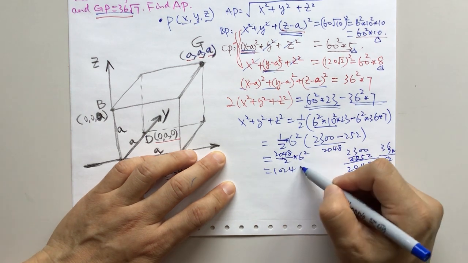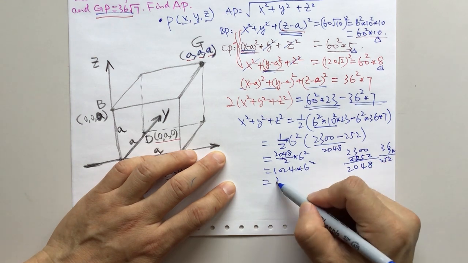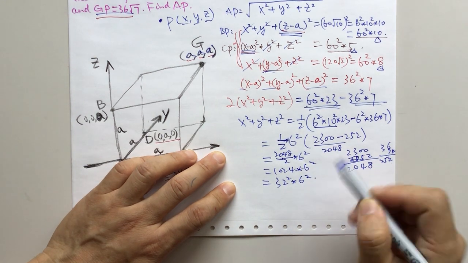We know that's 32 squared times 6 squared.